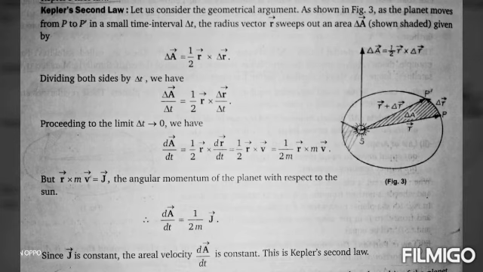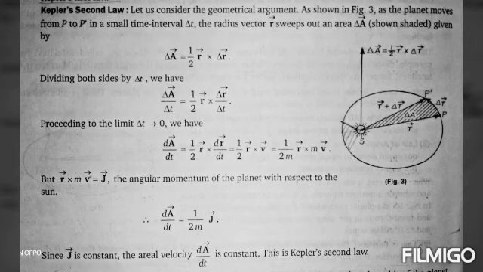So it becomes 1 by 2m into r vector cross m v. But r cross m v is the angular momentum J, and the angular momentum of the planet with respect to the Sun is constant. So dA by dt becomes J by 2m.